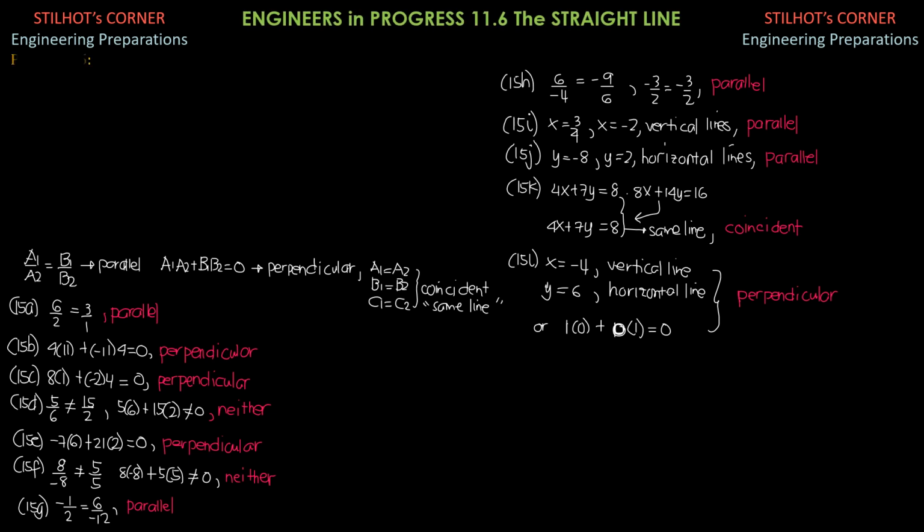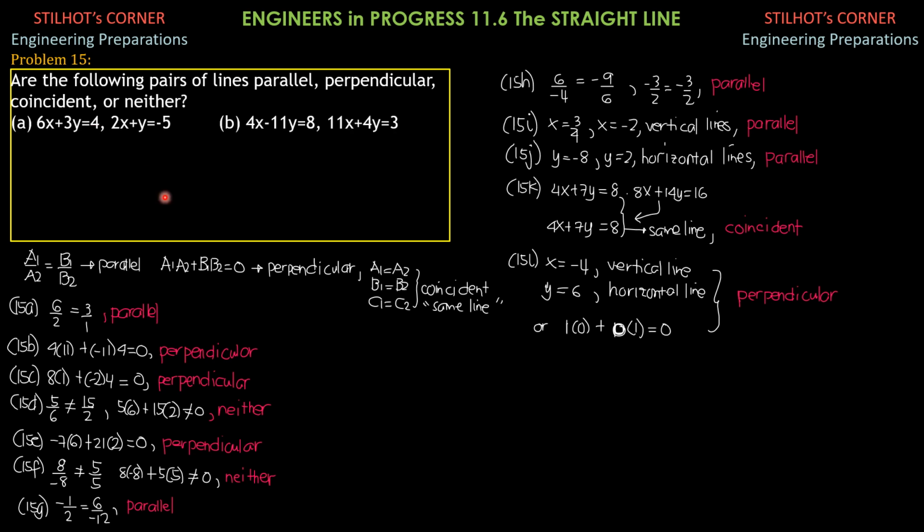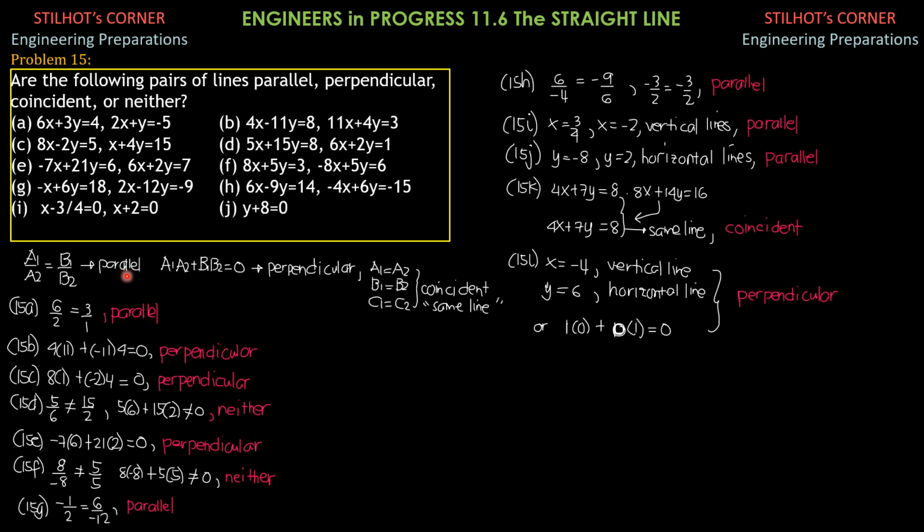So let's continue with problem 15. Are the following pairs of lines parallel, perpendicular, coincident, or neither? For parallel lines, recall from the preceding videos that if the ratio of corresponding coefficients are equal, then they are parallel. For perpendicular lines, if the sum of products of corresponding coefficients is 0, then they are perpendicular.